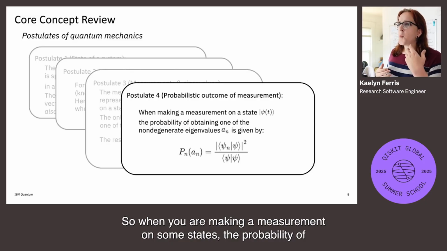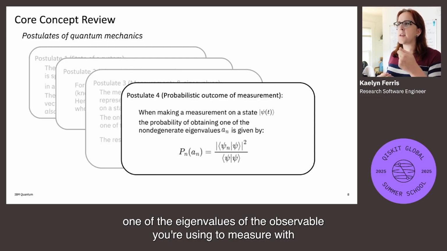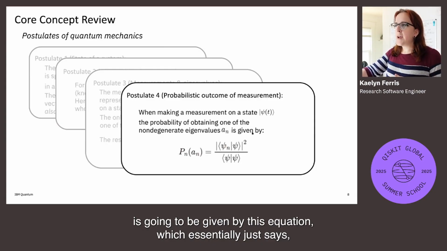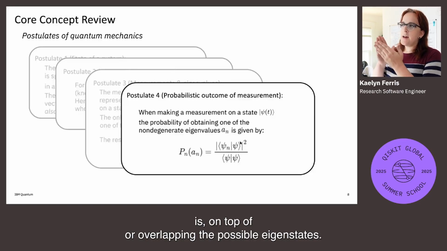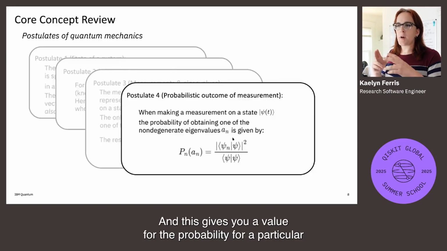When you're making a measurement on some state, the probability of one of the eigenvalues of the observable you're using to measure it with is given by this equation, which essentially says what is the overlap, or how much of my wave function is overlapping the possible eigenstates. And this gives you a value for the probability of a particular measurement outcome.